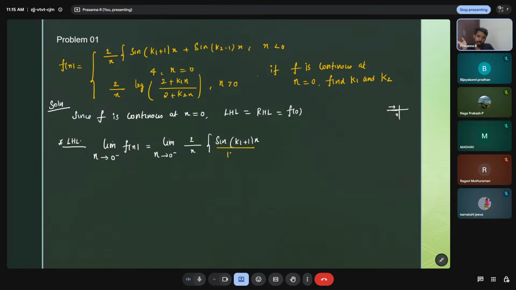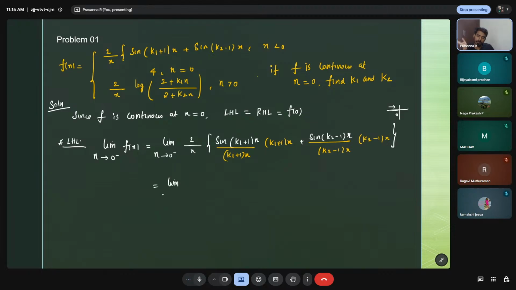So I'm multiplying and dividing by (k1+1)x, because we know sin f of x by f of x is 1, plus sin((k2-1)x). Here we multiply and divide by (k2-1)x. We know sin f of x by f of x is 1, provided f of x tends to 0 as x tends to a.